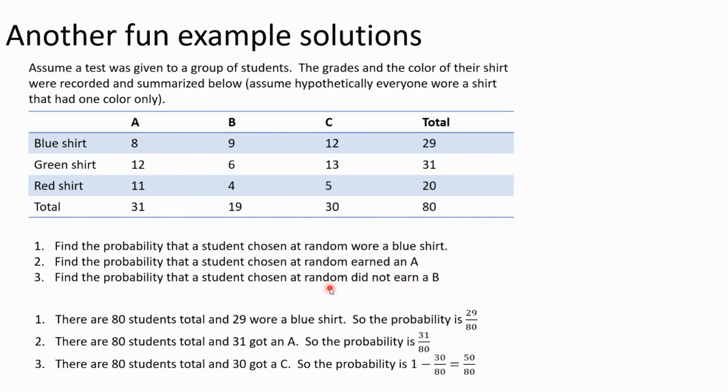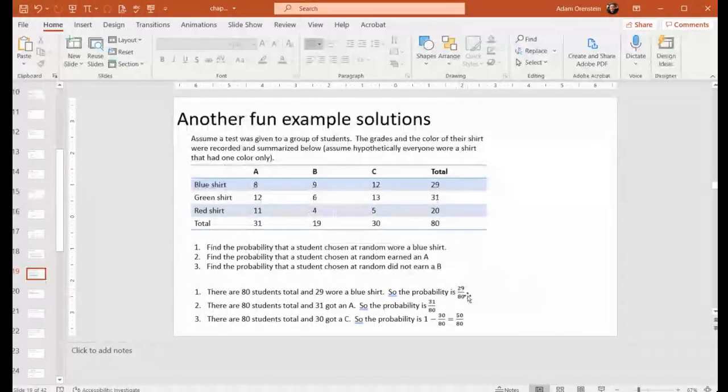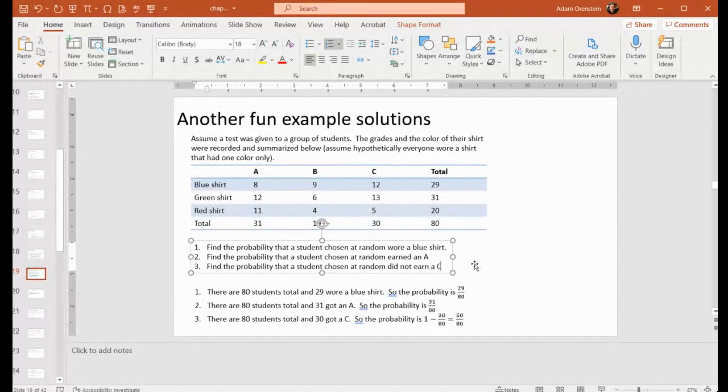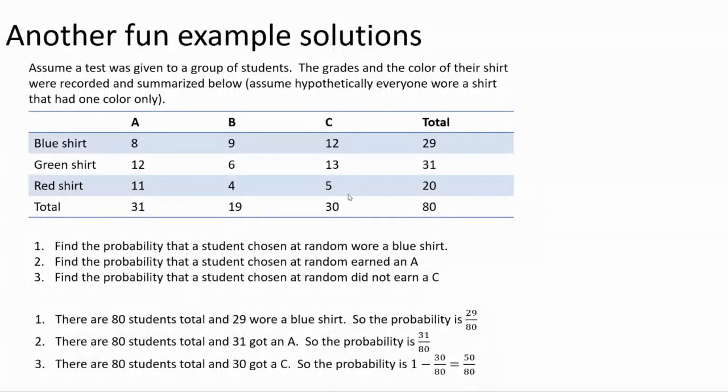Okay. What would the probability be that a student chosen at random did not earn a C?